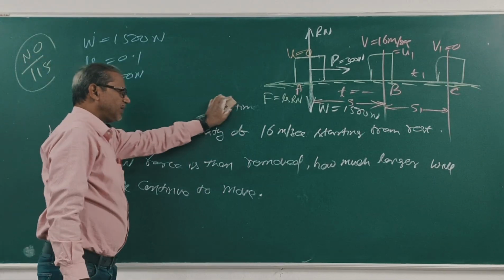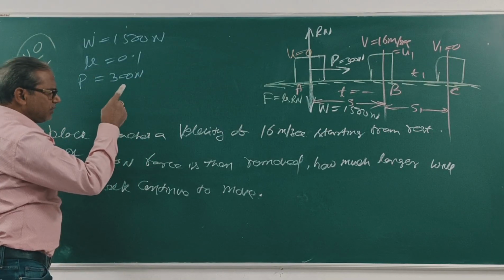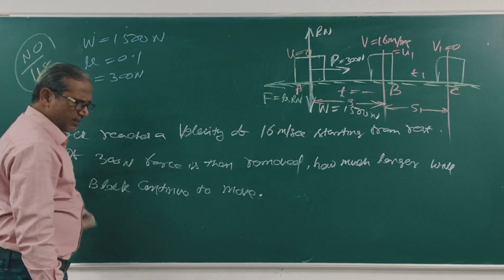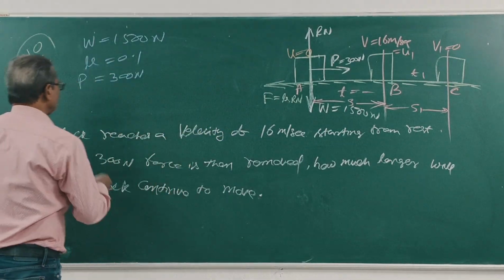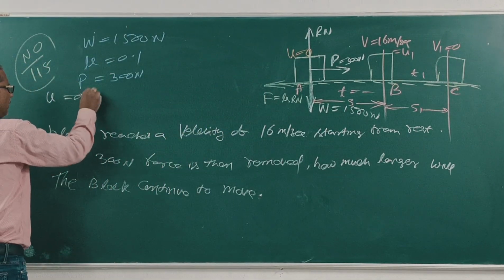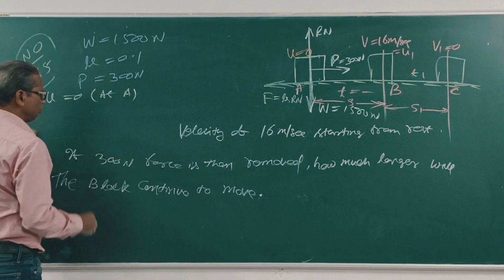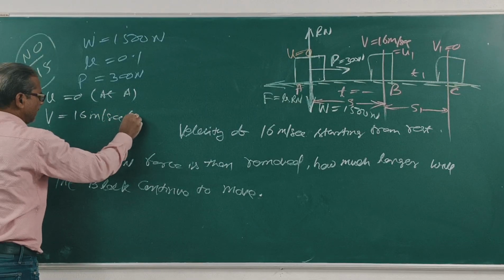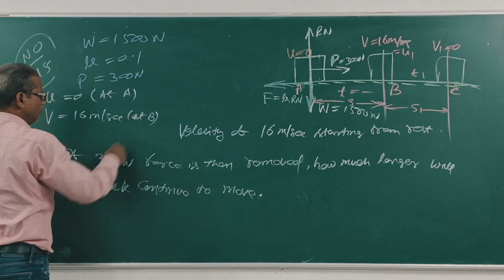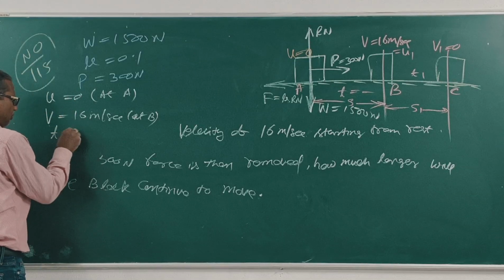What time will it take to reach a velocity of 60 meters per second starting from rest? What is u equal to? 0, at A. But v is equal to 60 meters per second at B. What is the time taken? t is the time taken.